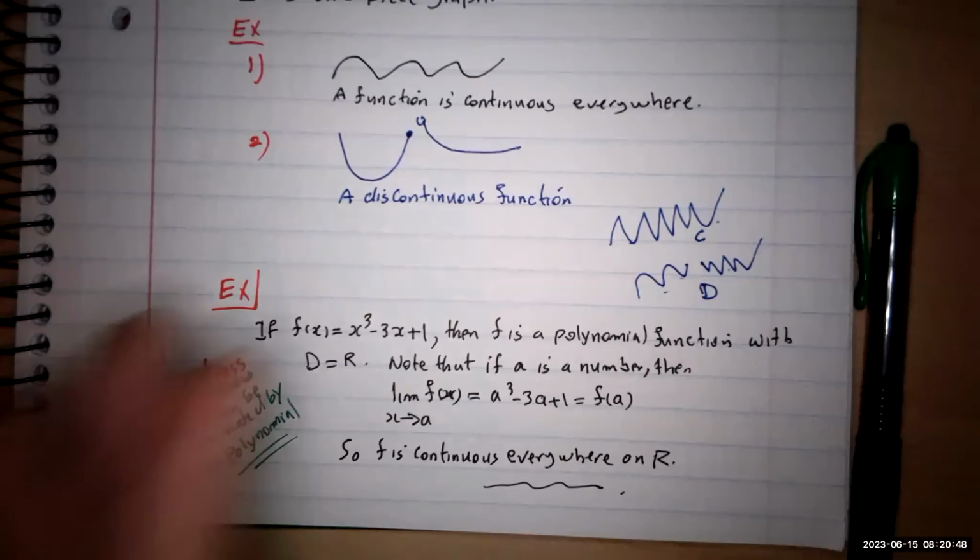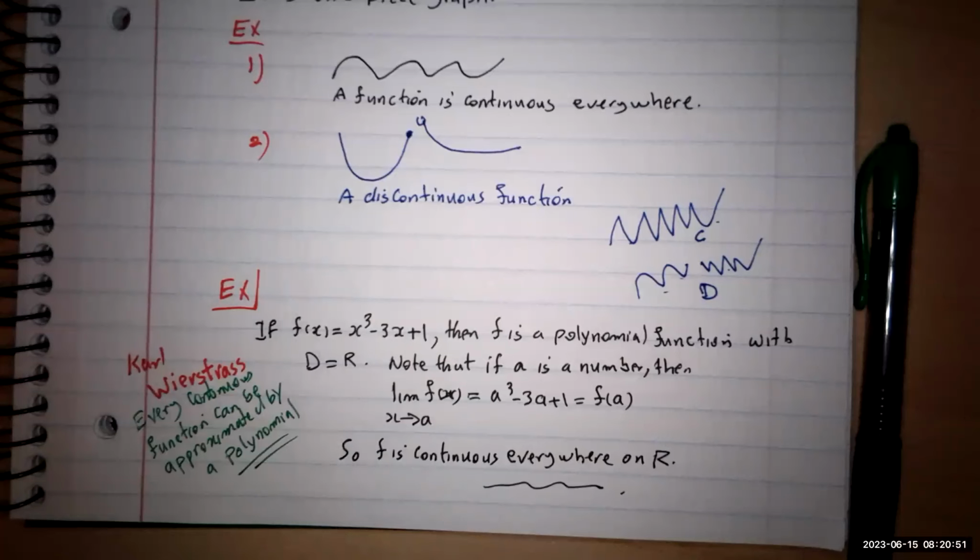That's why the continuity notion was introduced by Karl Weierstrass. This result in mathematics, we call the Weierstrass approximation theorem. If you check on the internet, as soon as you put in Karl Weierstrass, they give you that theorem. That's a great theorem.